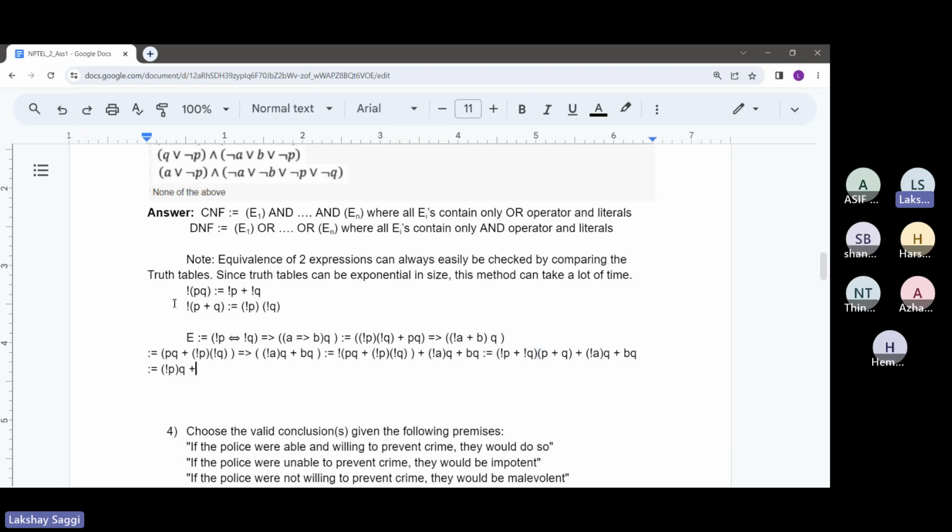So not P times Q plus not Q times P, and then plus this expression as it is. So I just resolved this expression to this expression.